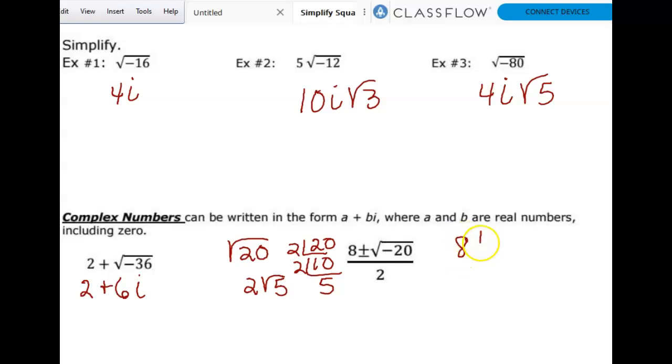So I have 8 plus or minus 2i square roots of 5 over 2. Now, what is 8 divided by 2? 4 plus or minus. And what happens with the 2's? They cancel, and I get i times the square root of 5. And that's your real part and your imaginary part.